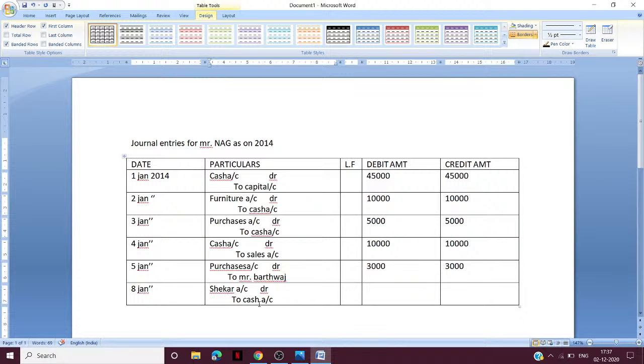Sorry, it's not cash, it's sales. Sales account. Because it is a credit transaction, instead of cash we are writing this.